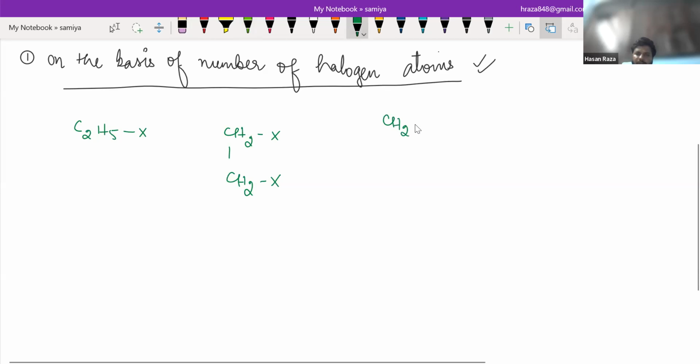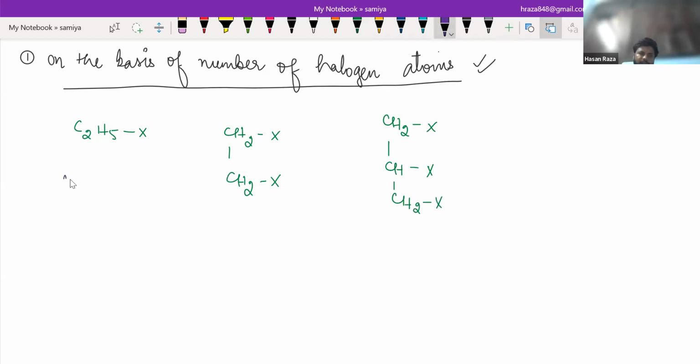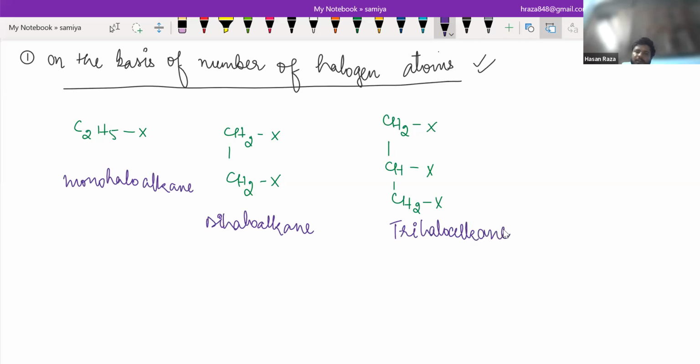Now this is what we call monohaloalkane, that represents only one halogen. The second name is dihaloalkane, and the third is trihaloalkane. So this is the first classification on the basis of number of halogen atoms.